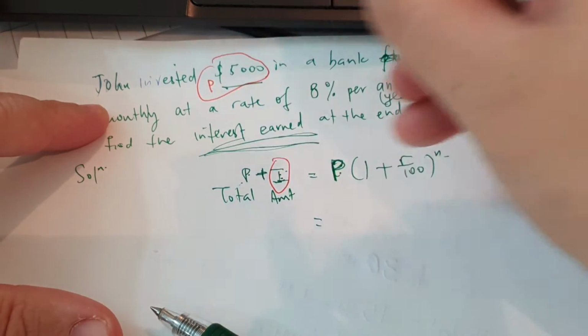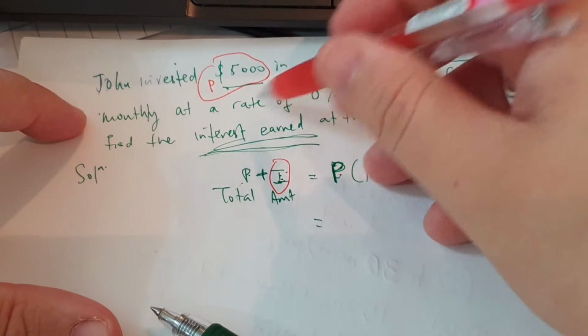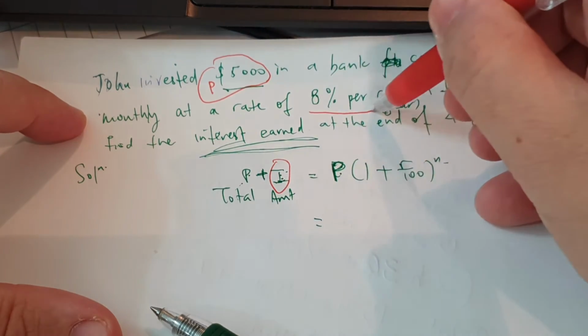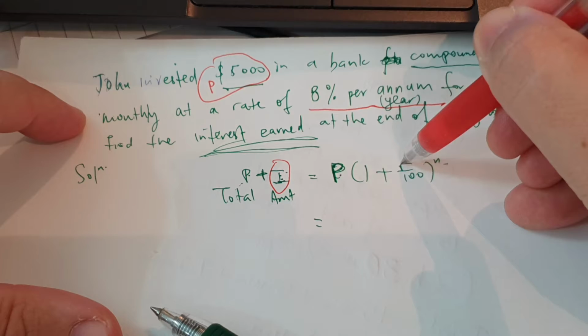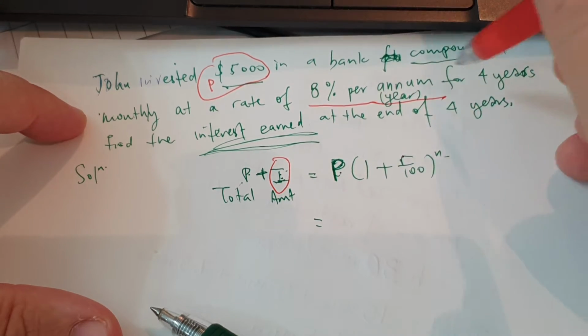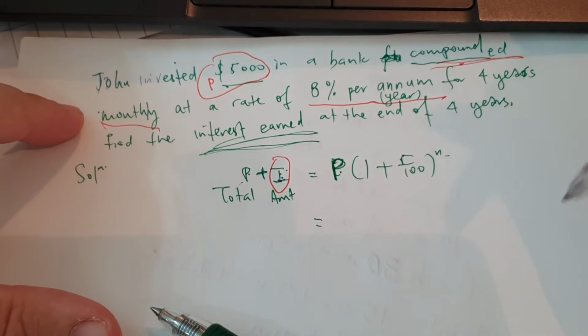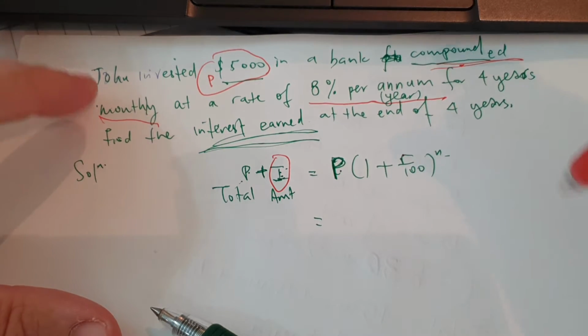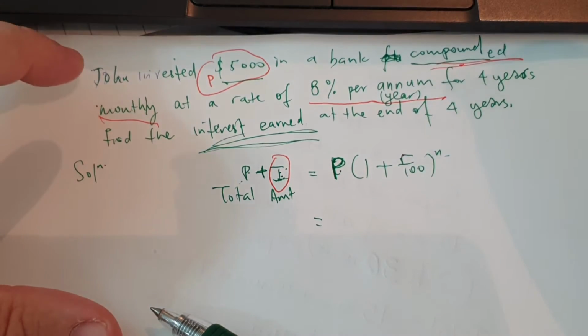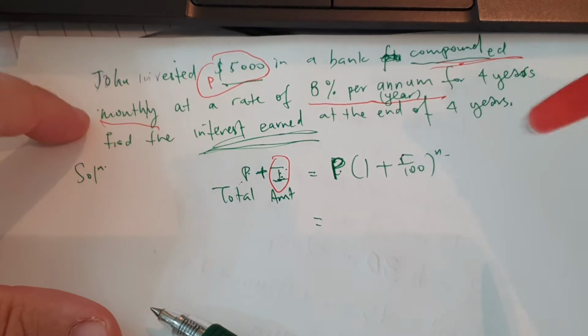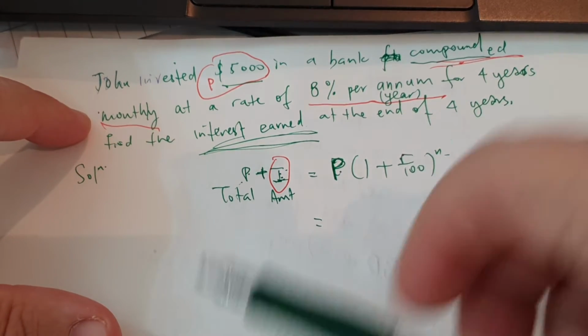P is this one, at a rate of 8%. This rate is your R. But because you compound monthly, this word compound means I pay you monthly.